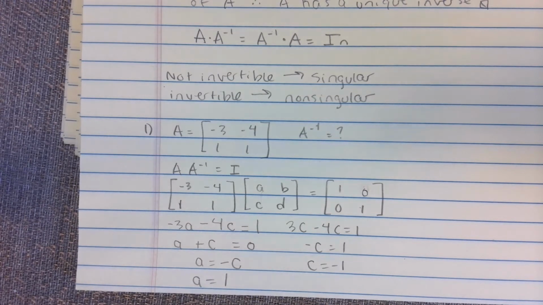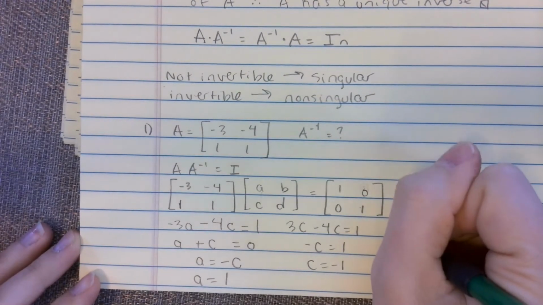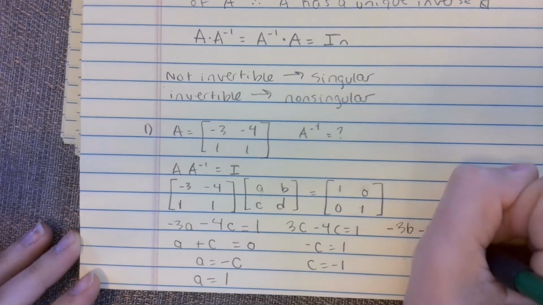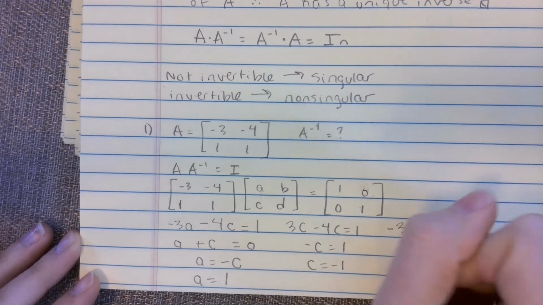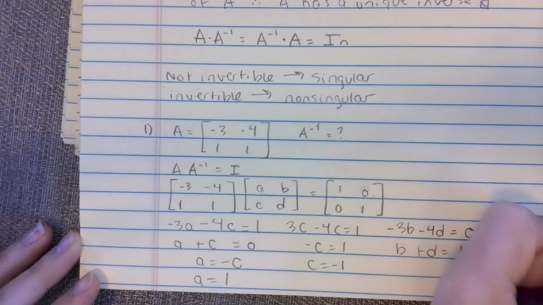Then we want to deal with the other components. So I deal with the second column. -3B minus 4D should be equal to 0, because that will be this first entry. And B plus D equals 1. So B equals -D.